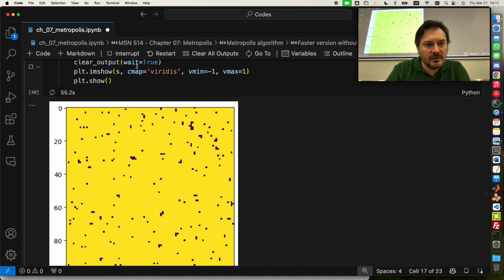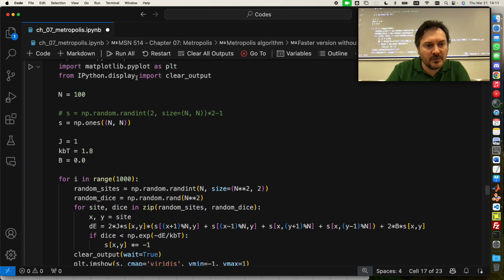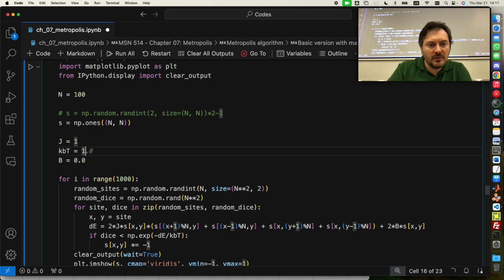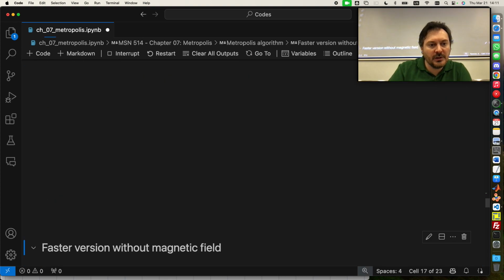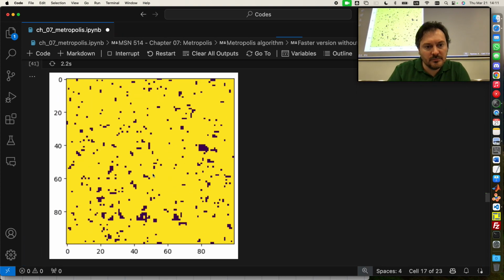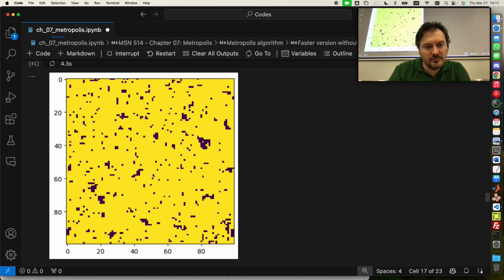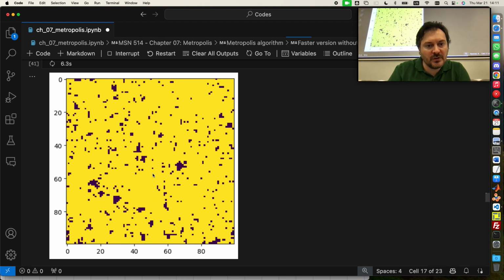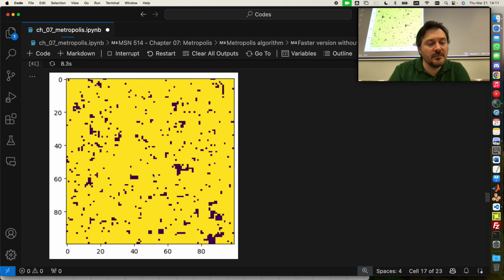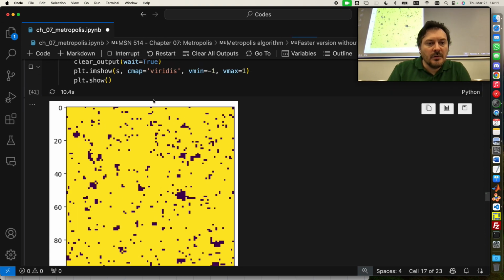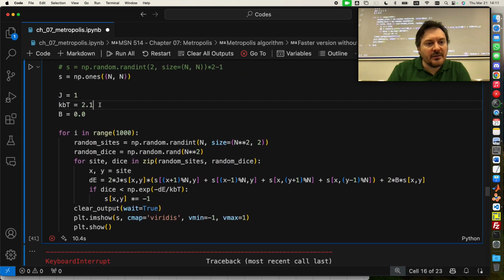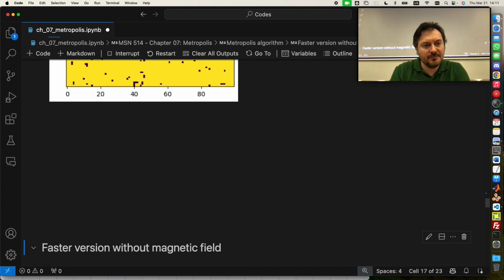Okay. Let's put more temperature to this system. Let's put it 2.1. You might be noticing that there is more disorder now, right? So somewhere at 2.27, there's a critical transition. So let's go above it.